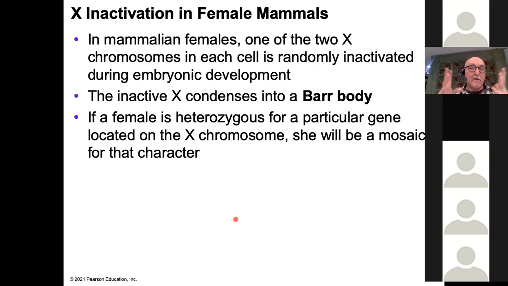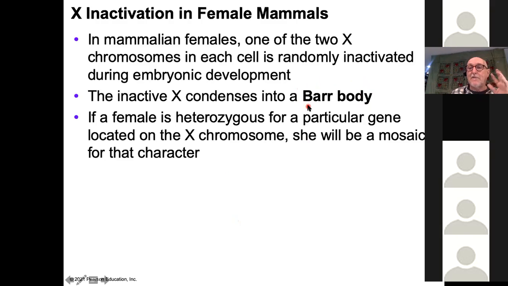I don't know exactly what stage it is. Let's say we have 32 cells, then maybe 16 of them have the one X chromosome active, and the other 16 have the other X chromosome active. The one that is inactivated shrivels up and condenses, and you can actually see it on a light microscope.